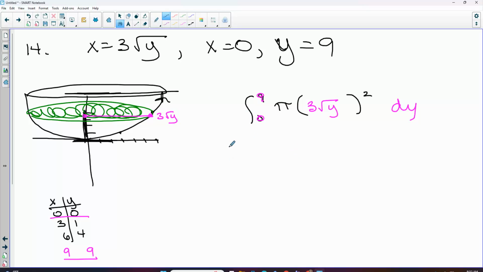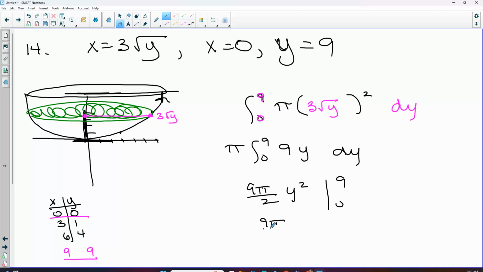So we could take out the pi. 3 squared is 9, radical y squared is just y. Antiderivative of y would be y squared over 2, so we need a 2 in front. Minus 0, so 729 pi over 2.